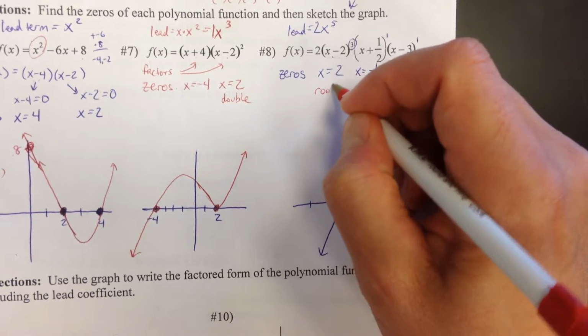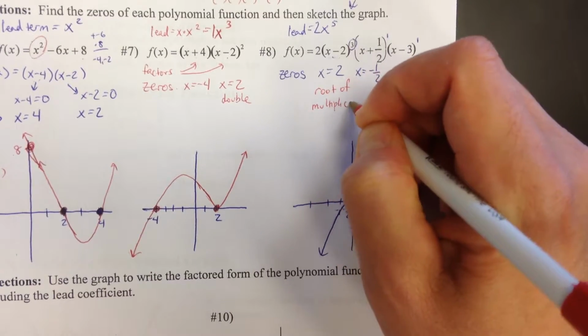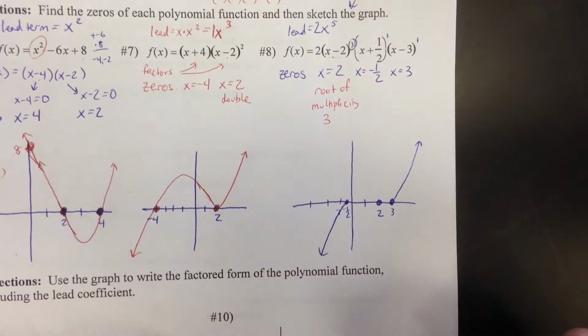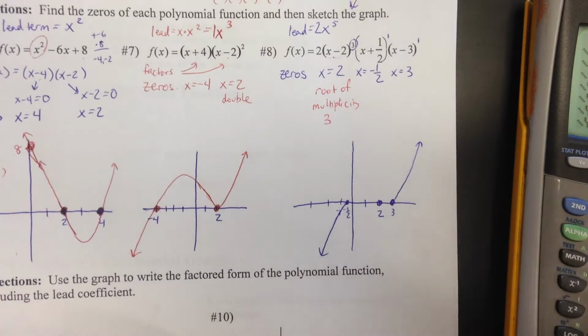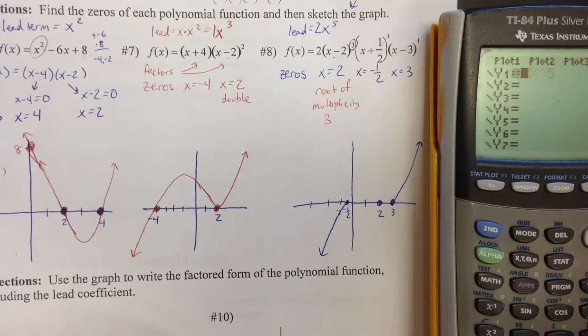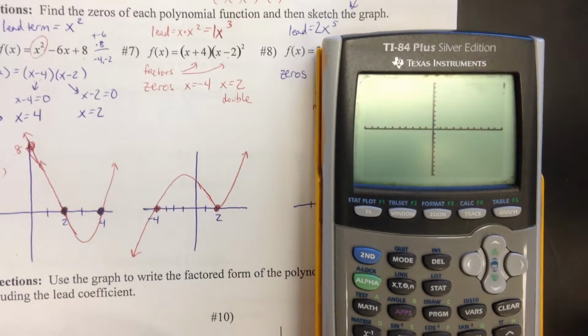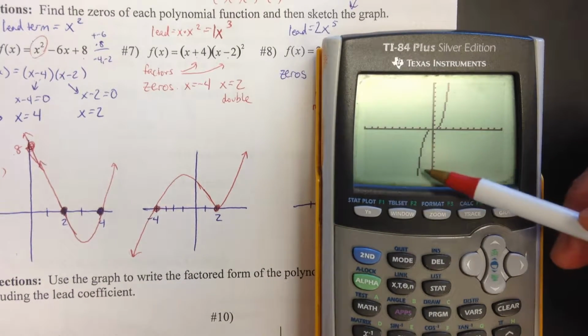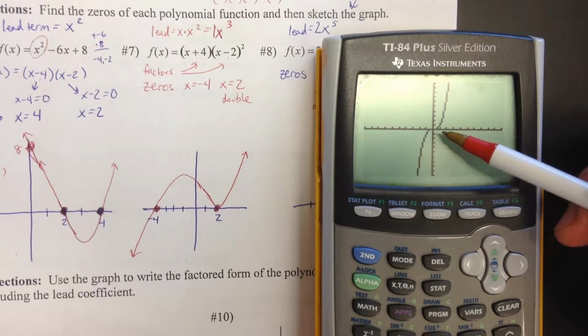This is called a root of multiplicity 3, or like a triple root. Now this is going to behave differently. If I look at y equals x raised to the third power, notice that what happens is when it hits the x-axis, it doesn't bounce back, it keeps going.